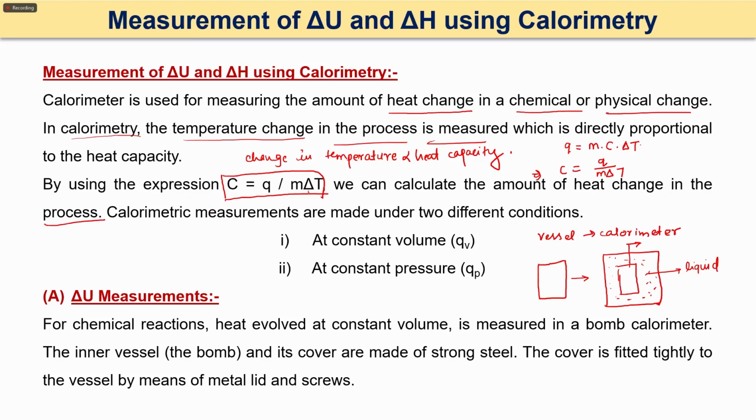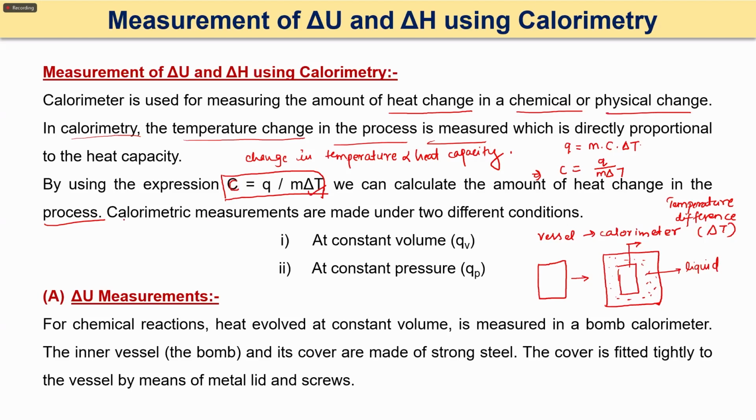In this process, what we actually measure is the temperature difference. If you know the temperature difference, that is delta T, then you can easily calculate this C, heat capacity. And if you know this, you can easily calculate your delta U and delta H value.